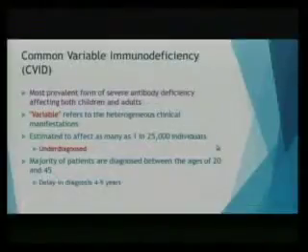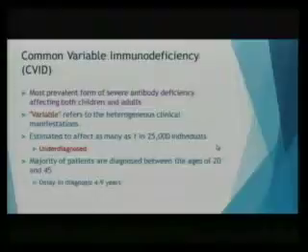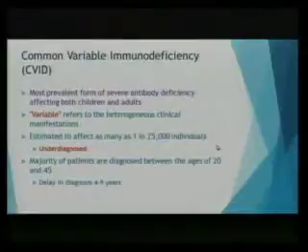So moving on to CVID. This is actually the most prevalent form of severe antibody deficiency, and it affects both children and adults. And the variable stands for the heterogeneous clinical manifestations that are typically associated with CVID, which I'll show you in the next slide.